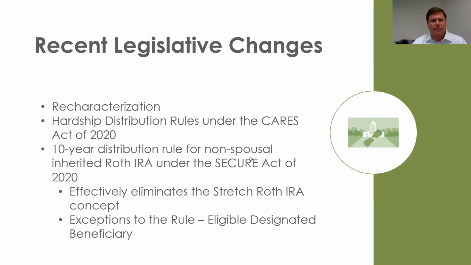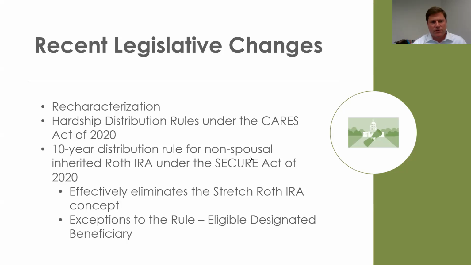Re-characterization, Jeff mentioned earlier: when you decide to do a Roth conversion, you need to go ahead and follow through with it and not change your mind. You can't go backwards here anymore on the re-characterization. You used to be able to, but that changed in 2017. The Tax Cuts and Jobs Act took that away as an option. Used to be a penalty and so forth, but now you can't do it.